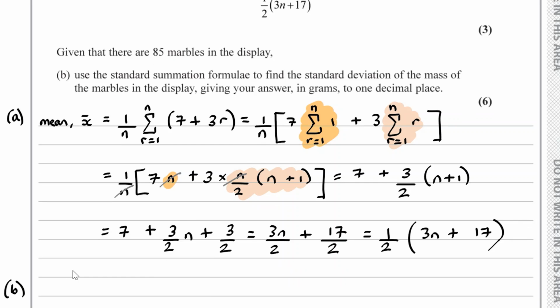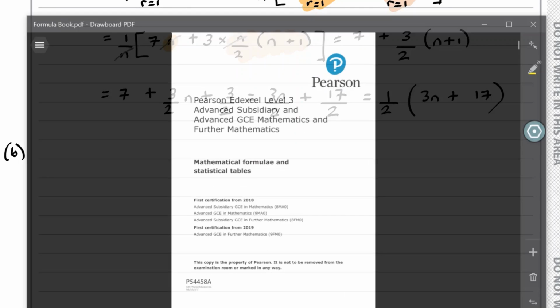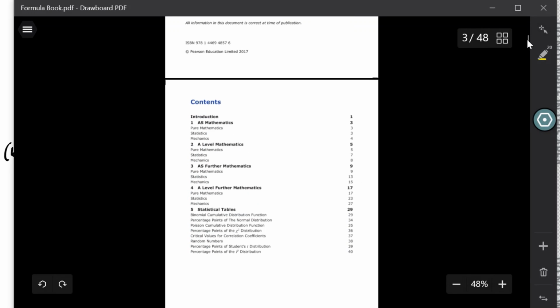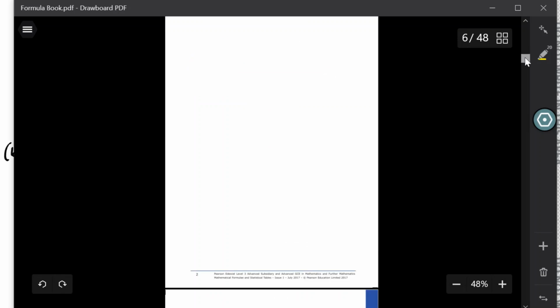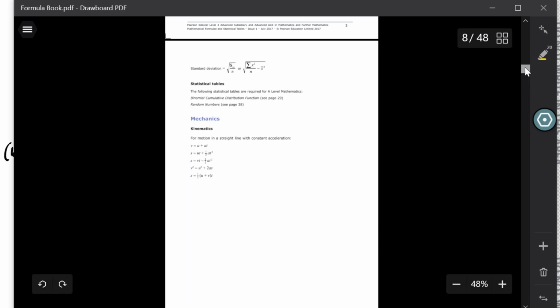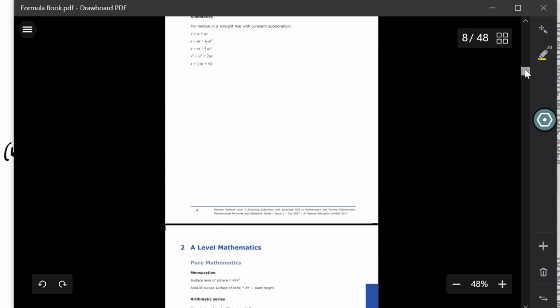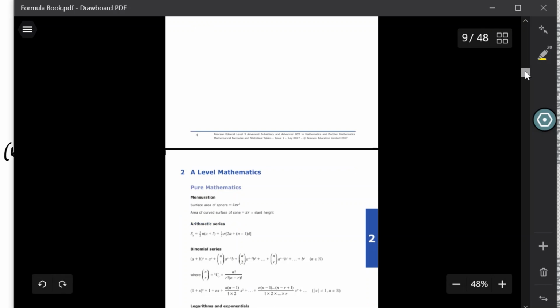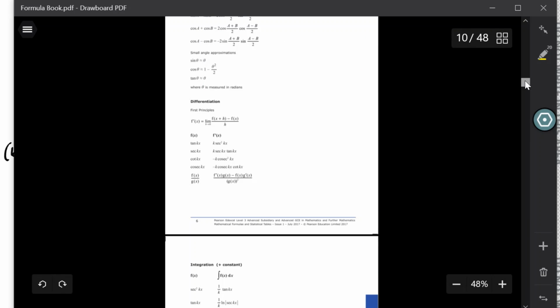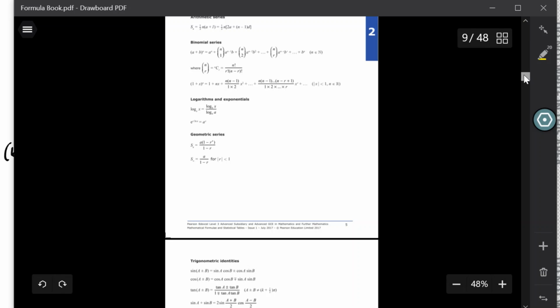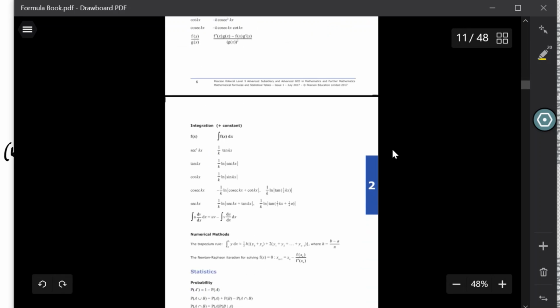first of all, you have to know what the standard deviation is, and if you go in the formula book, I think it's under the A-level maths section in the formula book, under the statistics section.